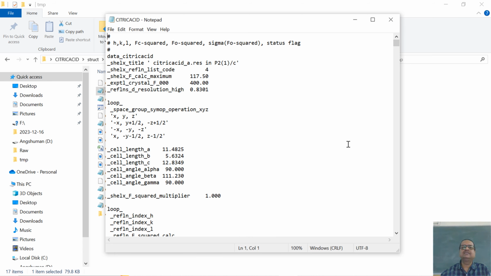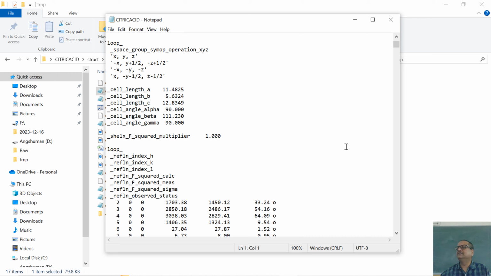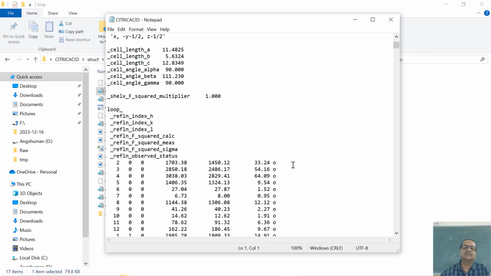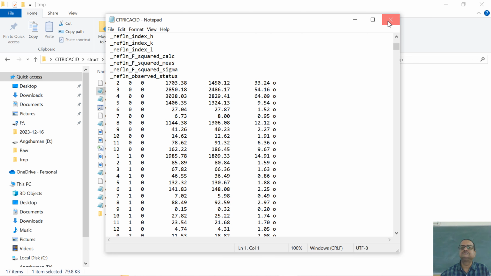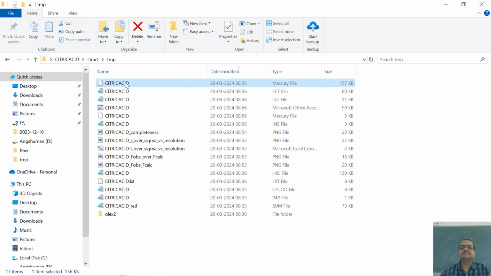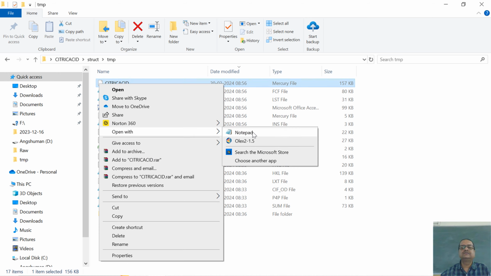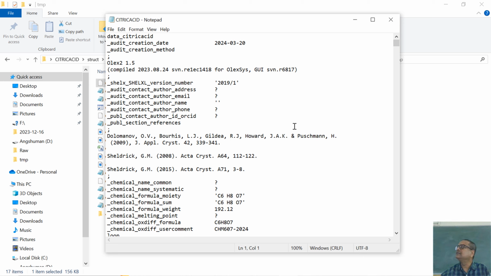One has to submit this structure factor file along with the CIF file to get an authentication done by IUCr, of how authentic your structure solution and refinement is. And this file is the CIF file.